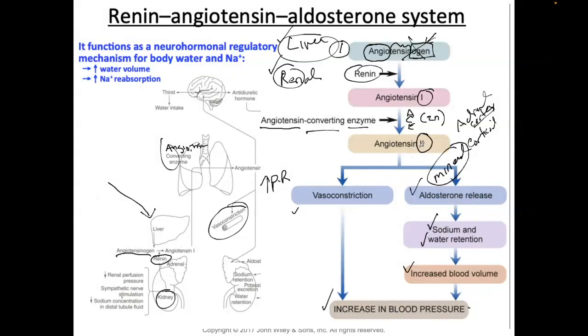The other thing that angiotensin 2 does is it makes you crave salty foods, and it also makes you thirsty.